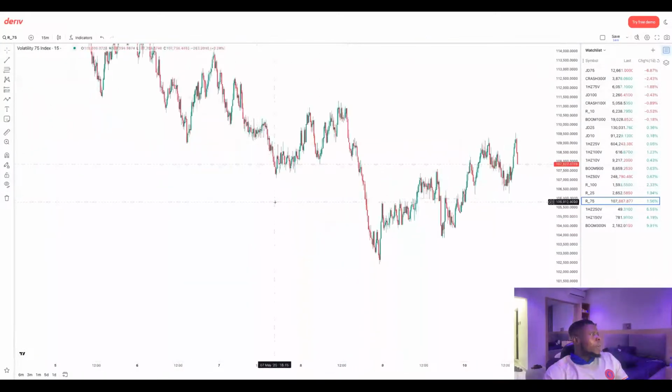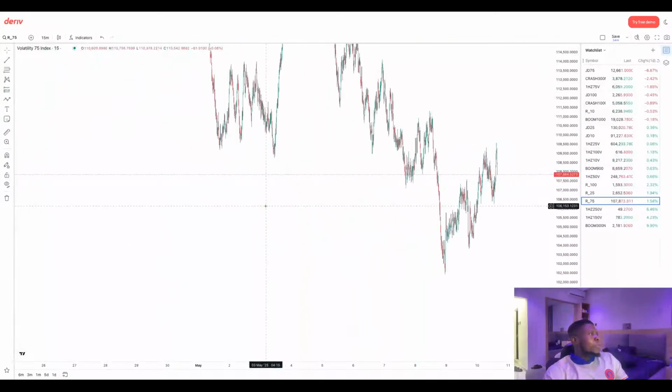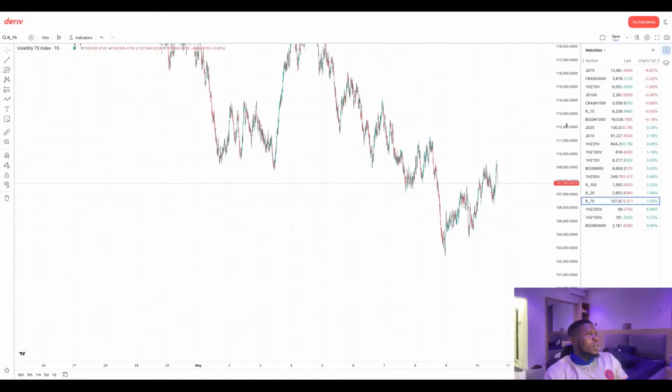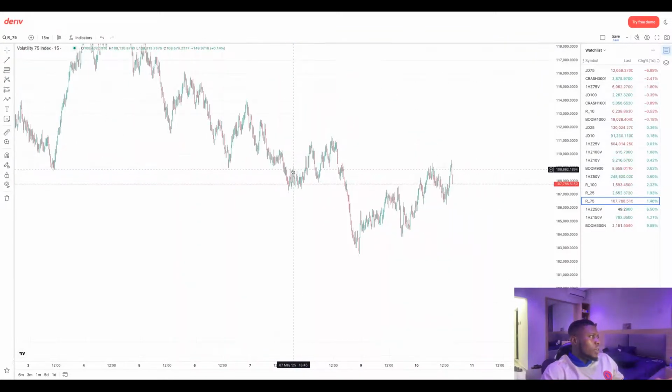I'm trying to see if I could see the last cycle that I found. Okay. So I'm trying to see if I could pick out a cycle that I found in this area.